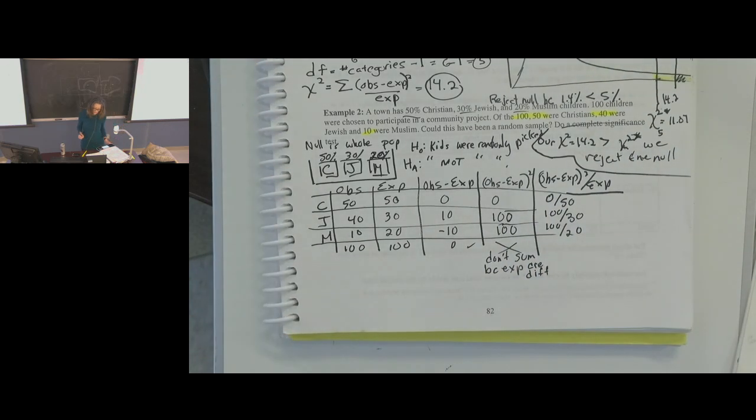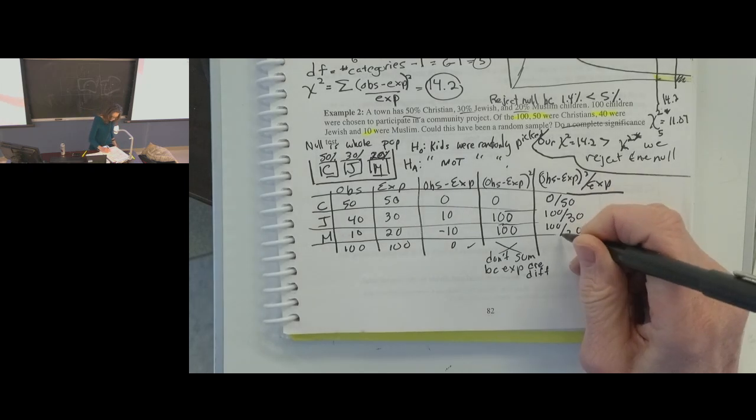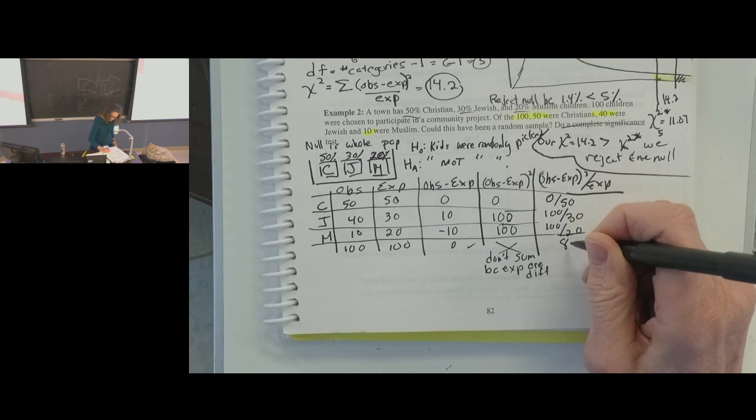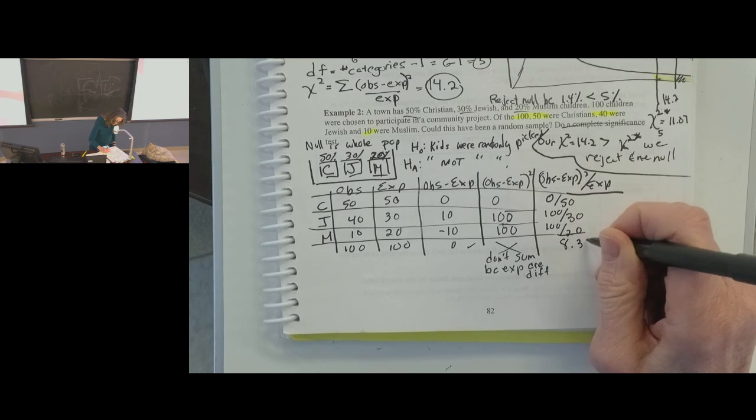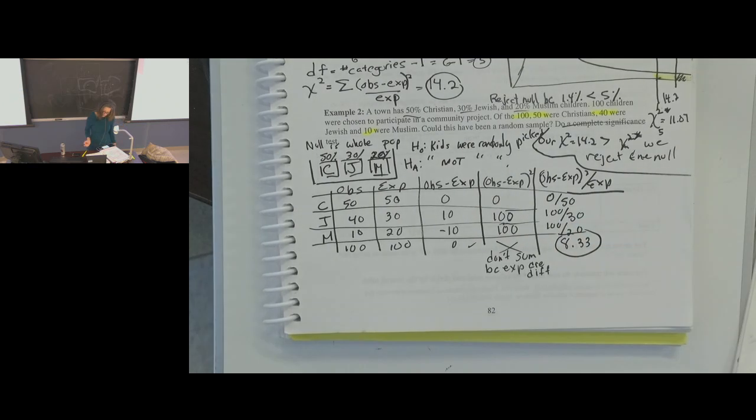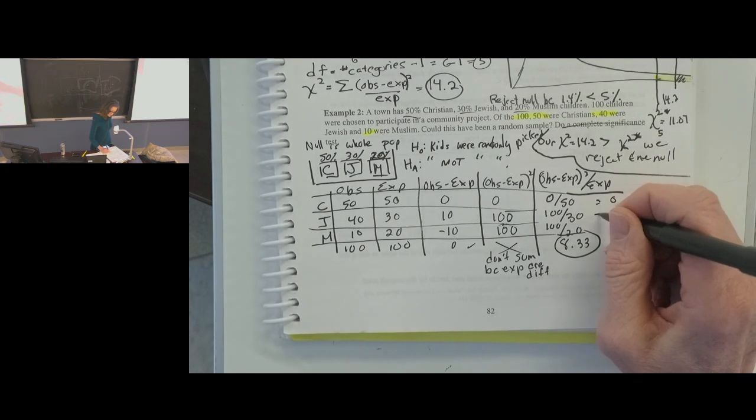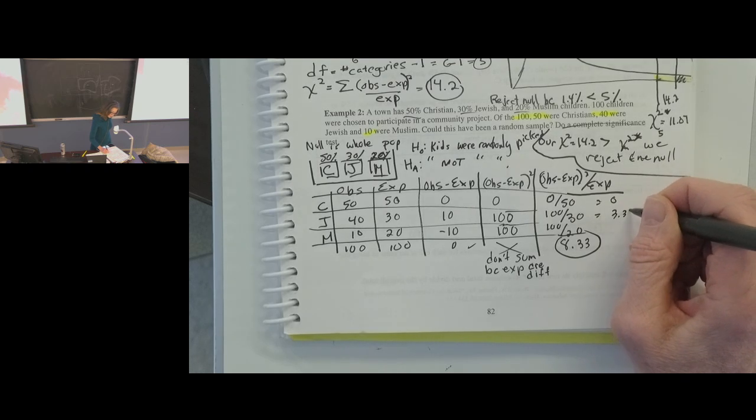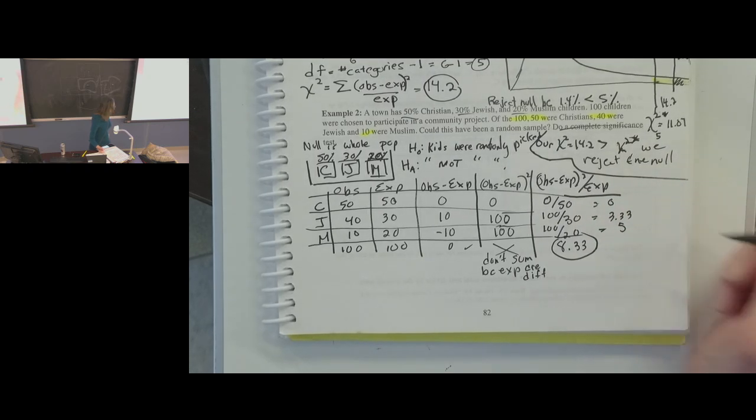All right, so we've got that, and now we can sum them. It sums to 8 1/3. So that is our chi-squared statistic. That's right, 0. This is equal to 3.33, and that's equal to 5.